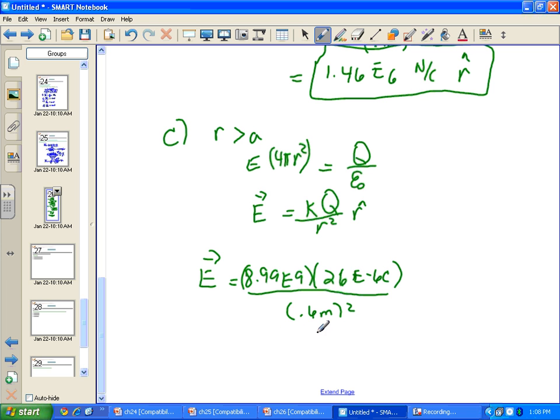And that gives us a value of 6.49 e to the 5 newtons per coulomb R hat. And it agrees with what we said because it is smaller than the value which was on the surface. So the electric field is always largest along the surface.